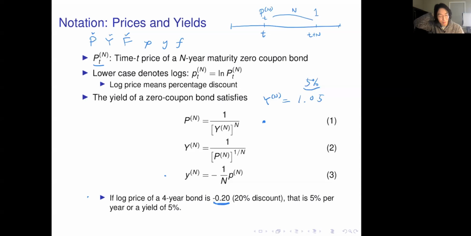It means that it's on average at a 20% discount and 5% yield per year. Okay, so log price has this good property that it represents the discount. So if the log price is, say, -20, then it means the bond is priced at a 20% discount.